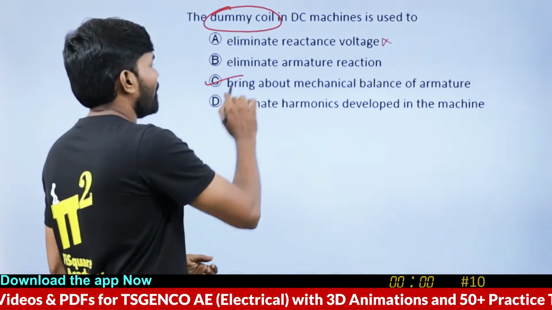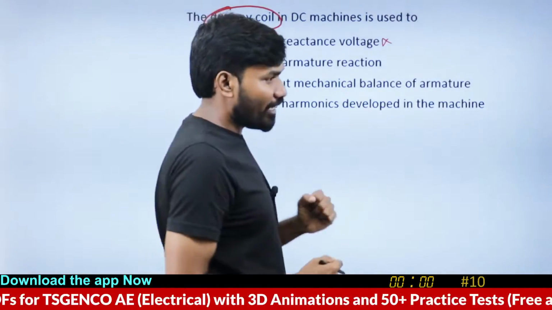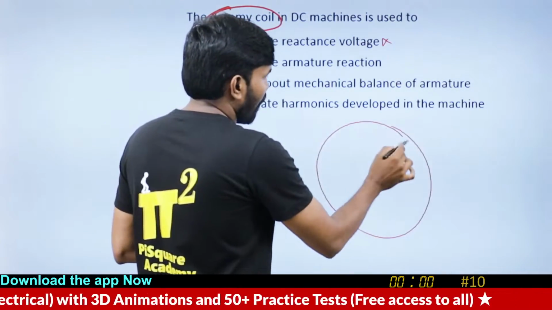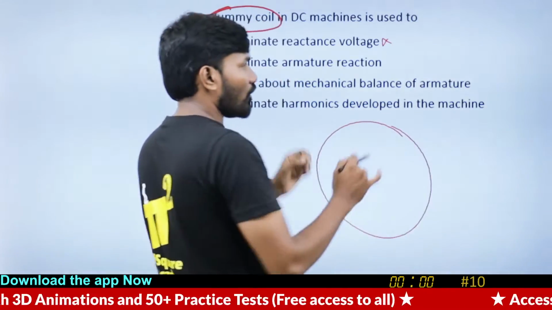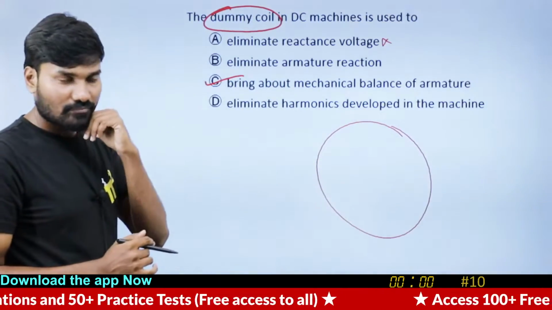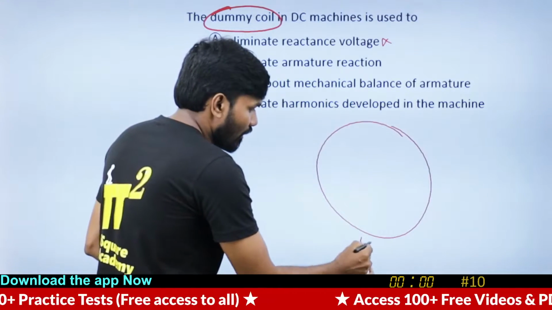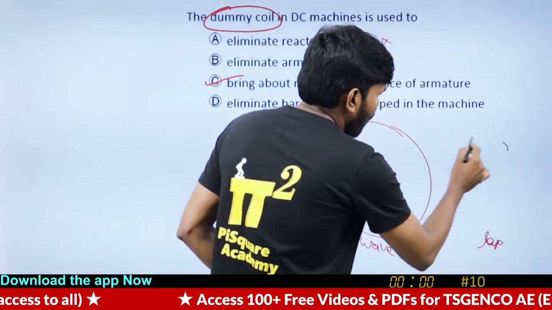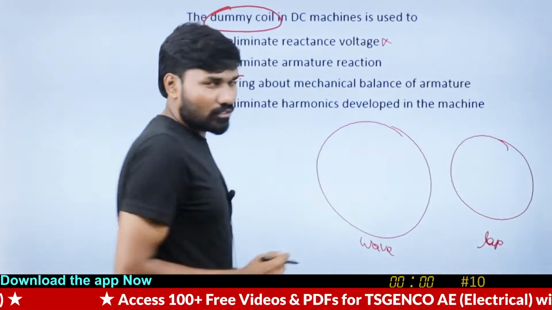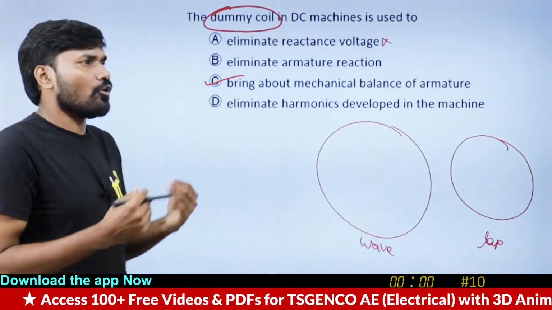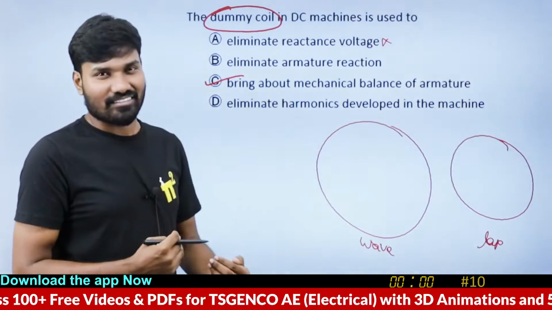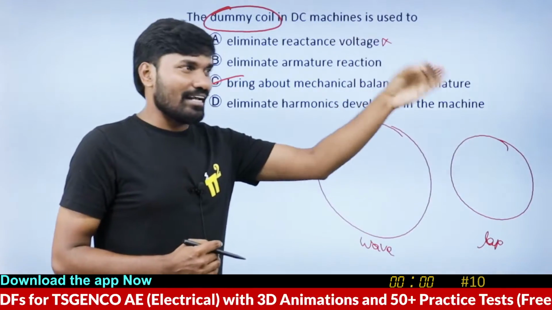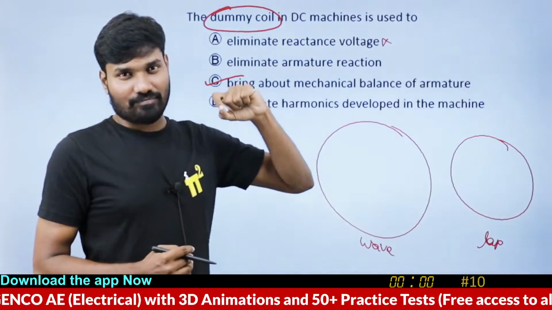It is for mechanical balance because in the case of wave winding, some conductors, all armature slots are not utilized for wave winding and lap winding. We have to use dummy coils because of design aspects.